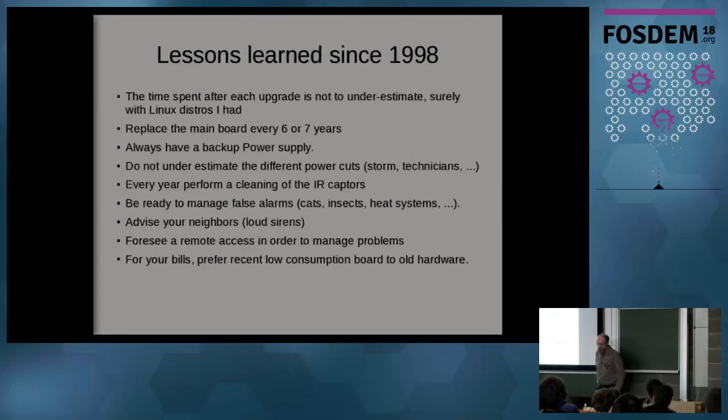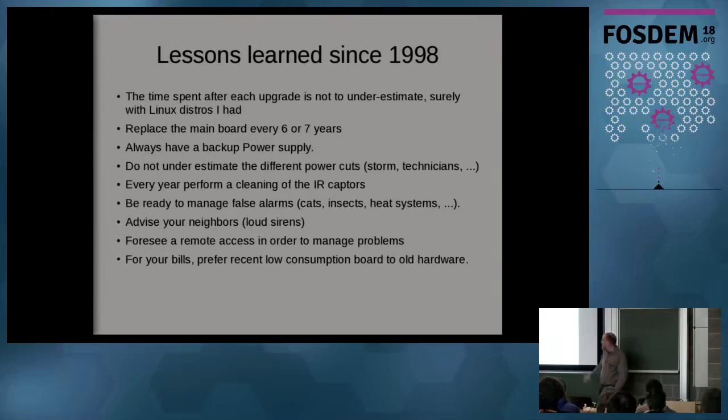So my lessons learned since 1988. The time I spent before each upgrade should not be underestimated. In fact, it's one of the biggest pains in this system. You always have a package which upgrades and breaks your system, a library which changes its position, it's no more in the same place.